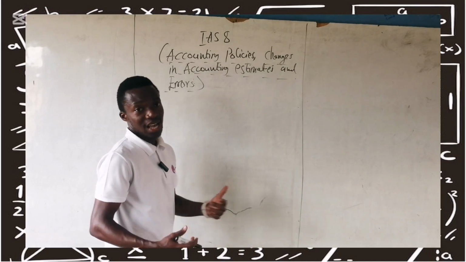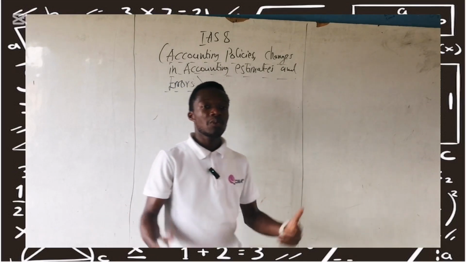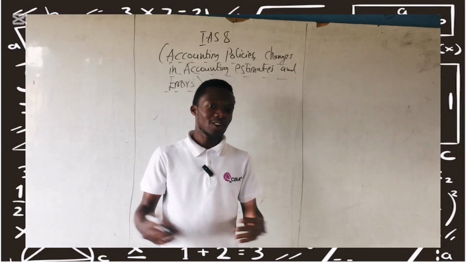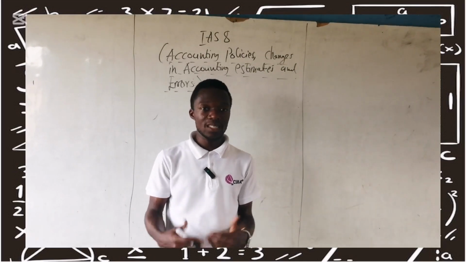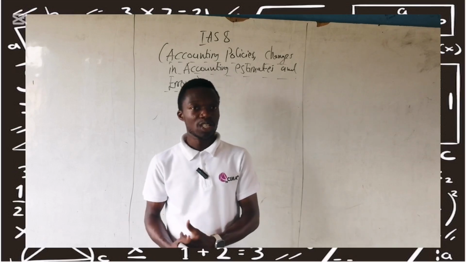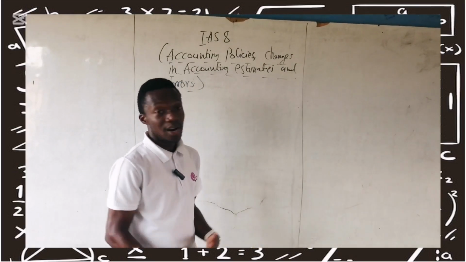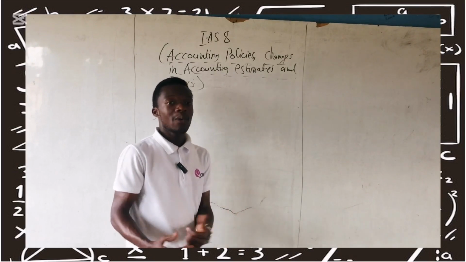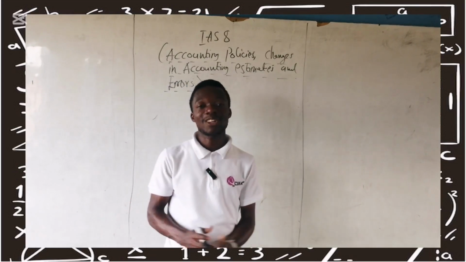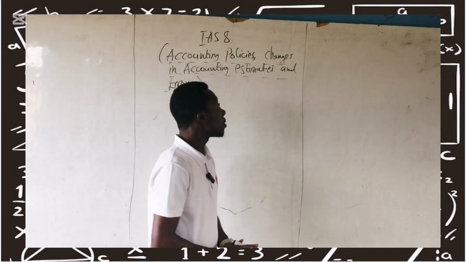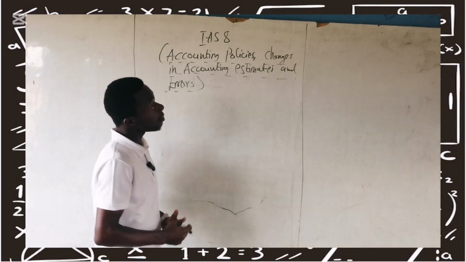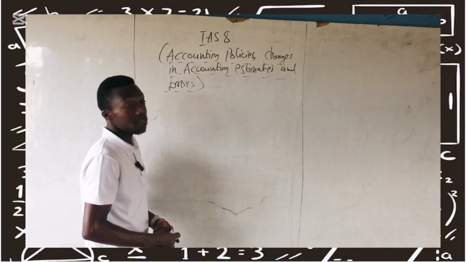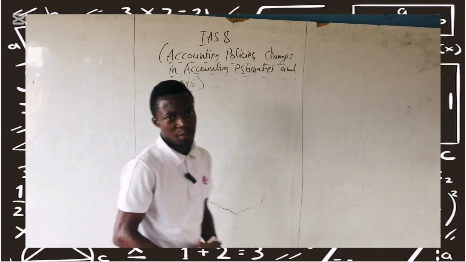And there are also certain aspects of the financial statement where the management or the directors have to make an estimate of certain things. And then possibly there are also issues of errors that will come in when it comes to preparation of financial statements. And once the errors are identified, they have to be corrected. So that is the whole idea when it comes to accounting policy, changes in accounting estimates, and then errors. But let's begin it proper.